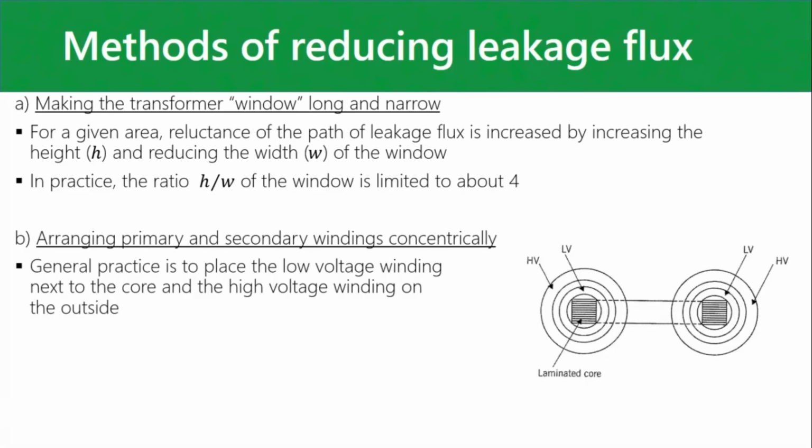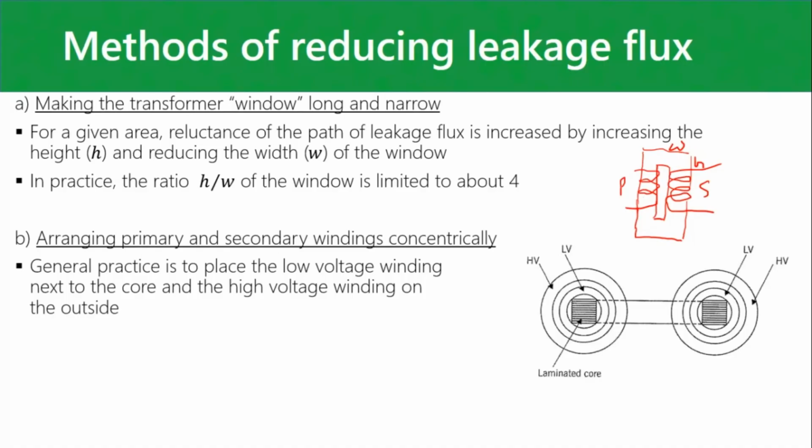I showed you a square-looking transformer there, but if you make this window long and narrow like this, it's probably due to trial and error they found this out. There's your primary winding, and here's your secondary winding. You can see now the ratio of the width to the height has changed. So if you make it longer and narrower, it tends to decrease the leakage flux.